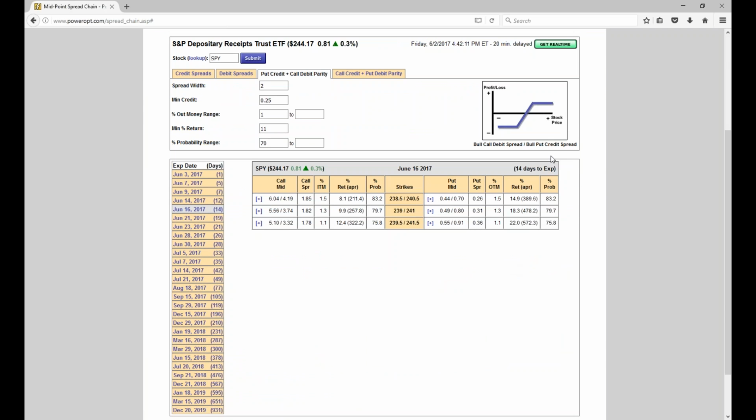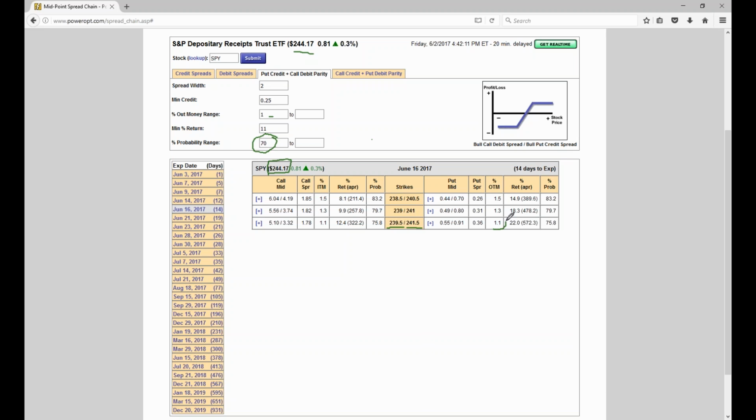We're looking at 3 possible spreads that match our criteria of having at least a 70% probability 14 days out in time on SPY. Now, most of these are going to be further than 1% out of the money, but you see a lot of them are close. With SPY trading at 244.17, we see that the first spread is the 239.5 to 241.5.